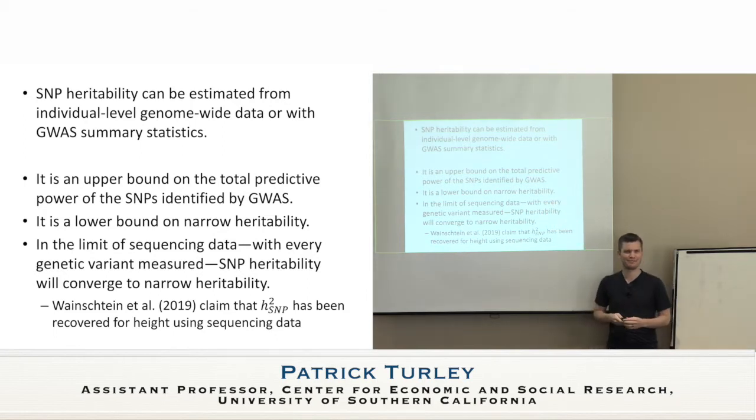Yeah. So I'm assuming it's an upper bound because there are so many other SNPs that are in LD that these few SNPs would capture. So we don't know what those SNPs are, but our estimate is an upper bound in the sense that it captures the effects of other SNPs in LD with those.